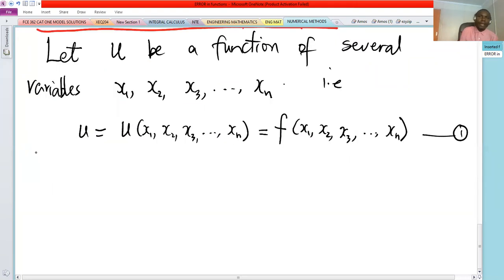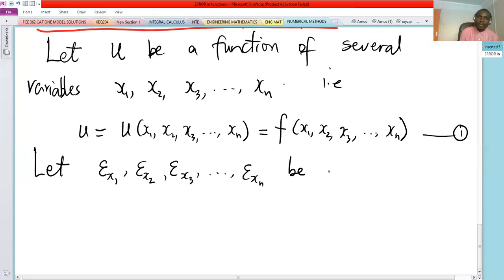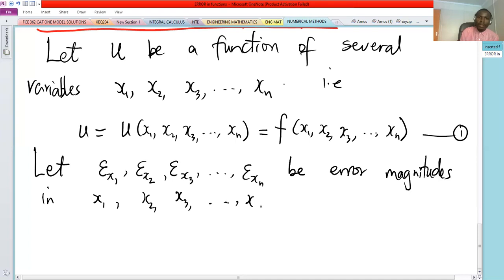Next, let epsilon x1, epsilon x2, epsilon x3, up to epsilon xn be the error magnitudes in x1, x2, x3, up to xn respectively.